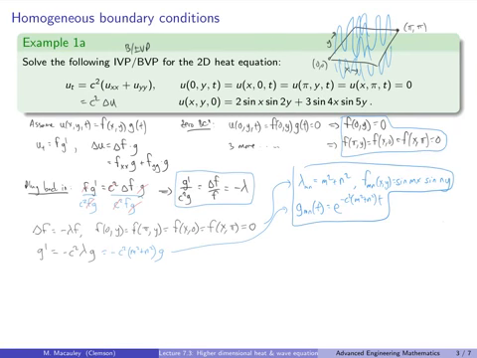So for each m and n, whole positive integers, we have a solution u mn of x, y, t equals f mn of x, y times g mn of t. In the interest of clarity, I'm not going to copy these down. They're right up here, but we have one for each pair m and n.